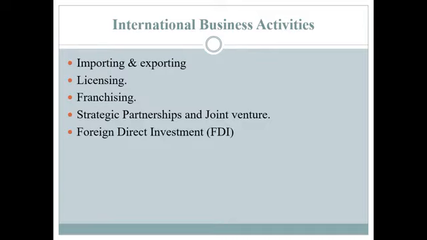So what happens in strategic partnership and joint ventures? Two or more companies come together, they work on certain projects or certain tasks. After completion of the task, they earn profits and gains. They can continue it or they can discontinue it.